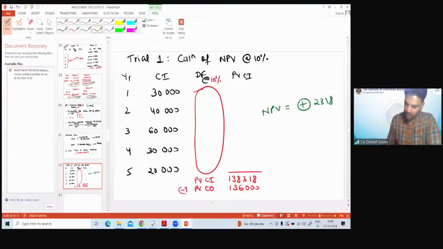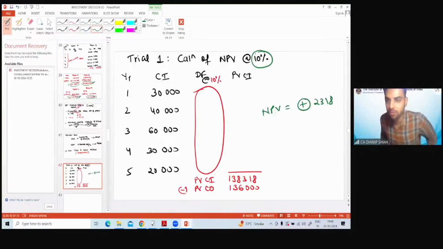So this 10% cannot be my IRR, because IRR is that rate where NPV should be zero. But at 10%, NPV comes to positive 2318. Understood till here? This 10% cannot be my IRR because NPV is positive. So for our next trial, since we have to come to zero, we need to bring this NPV down.